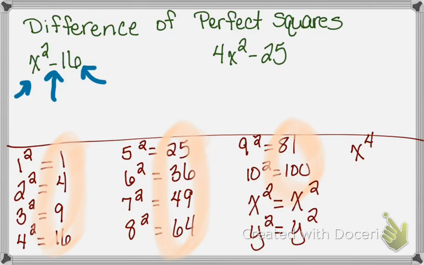It doesn't show up a ton, but every once in a while it will. So x to the 4th, I want to write that down. That's x squared times x squared. I don't think you would see x to the 6th, but just for fun, that's x to the 3rd times x to the 3rd. Okay, so those are all perfect squares.